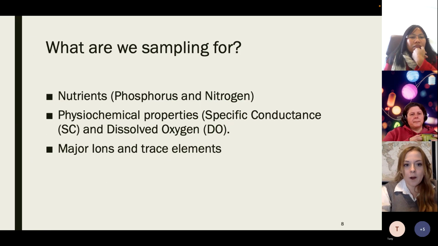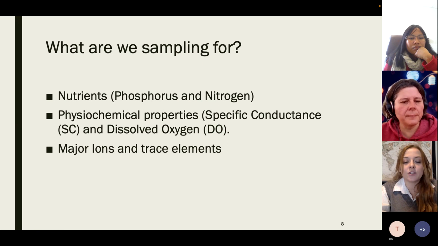What we're looking for in the water: for our agricultural influence, we're looking for nutrients, phosphorus and nitrogen. For our urban influence, we're looking at physiochemical properties such as specific conductance. And then more as a correlation, to try and source our potential contaminants, we're looking at the major ions and trace elements.